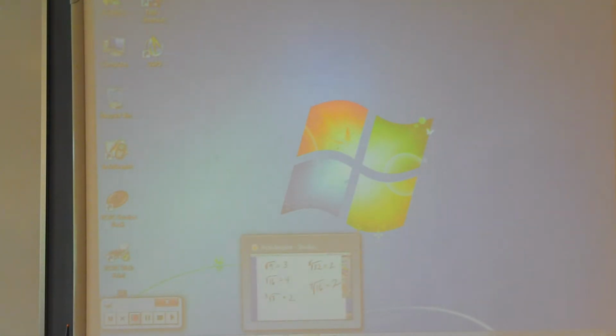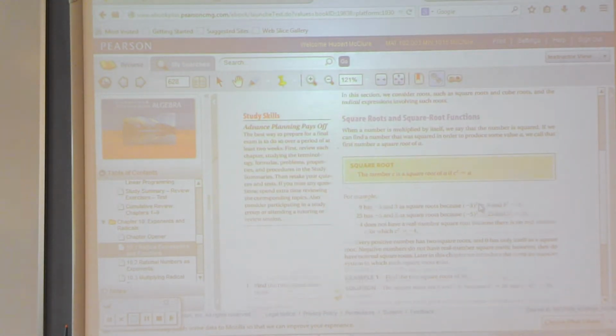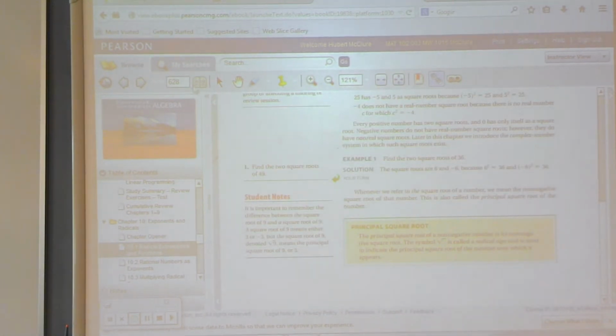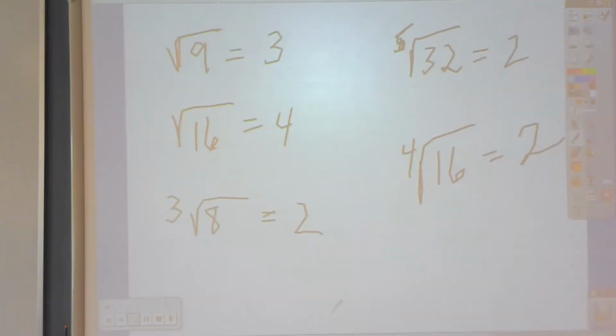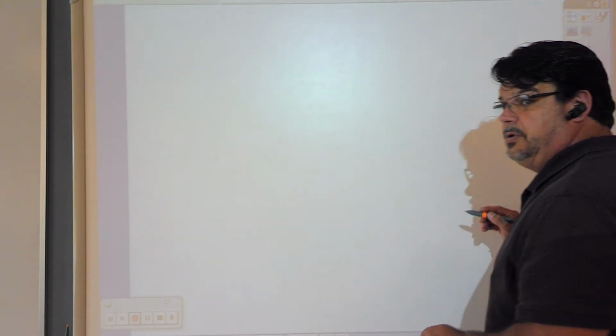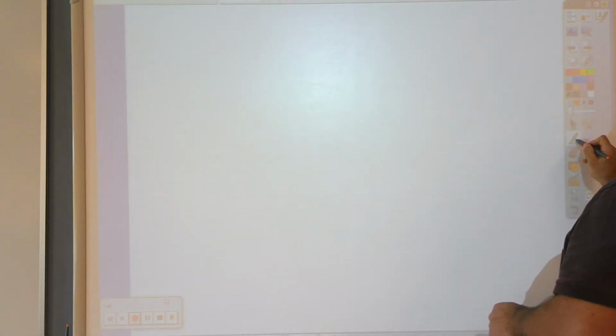Now, let me go to the text, and that's what we're talking about right here with the square roots. Now, always remember that if you have an even index, there's a rule about an even index. And what is the rule about an even index? Anybody know it right offhand?